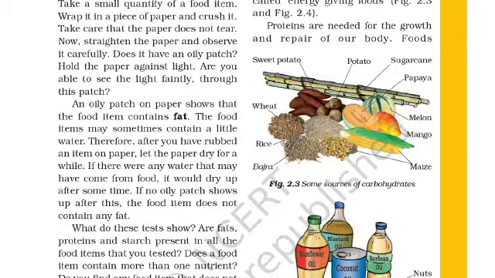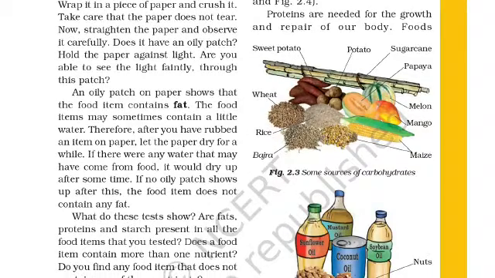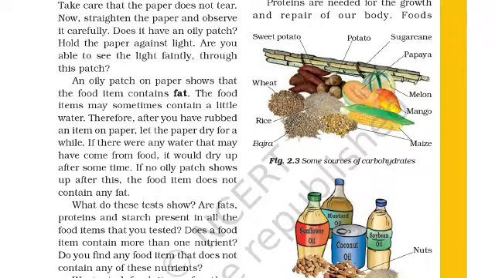Then we cannot see any oily patch. If the water dries up and there is no patch on the paper, then you can say that the food item does not contain any fat.